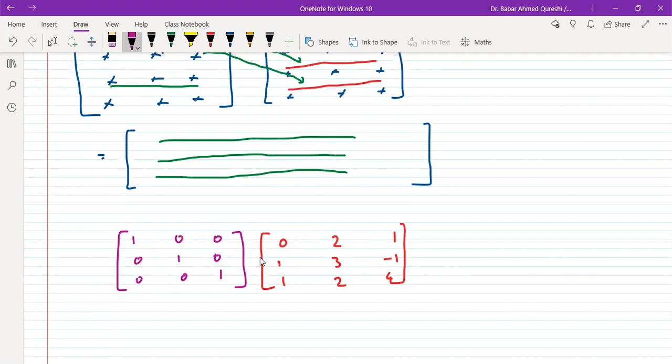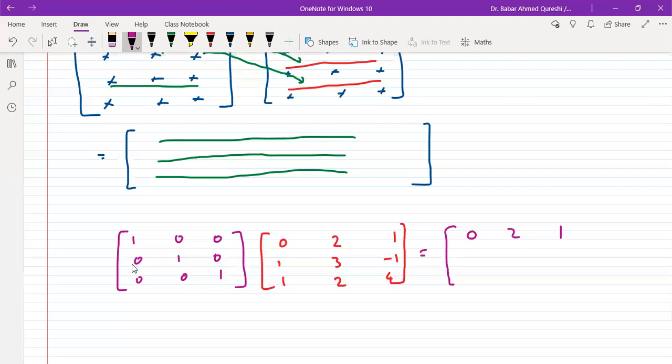Since I'm only multiplying the first row with a 1, I get the first row back. So make a linear combination of these rows. When you do that, since only this one was non-zero, you get the first row back.